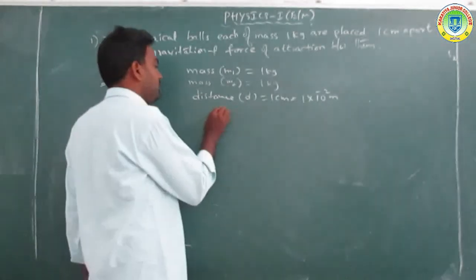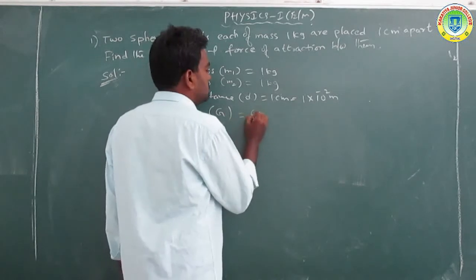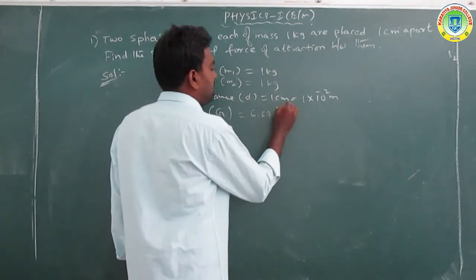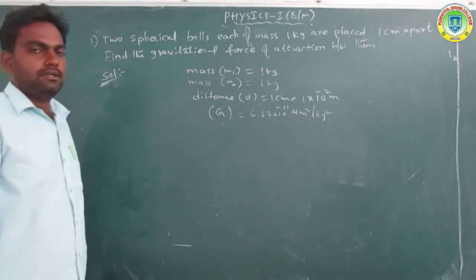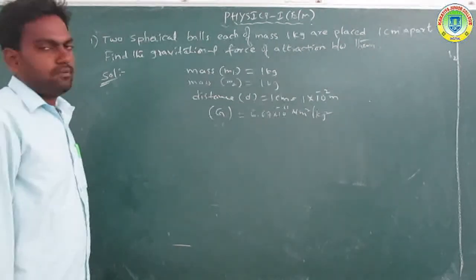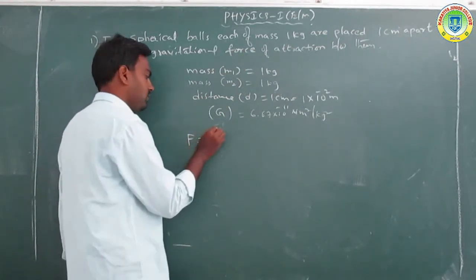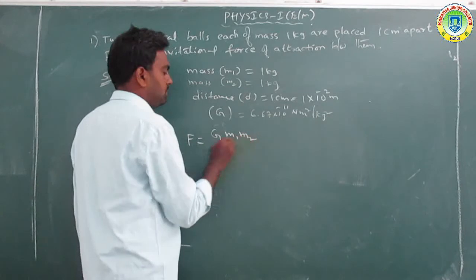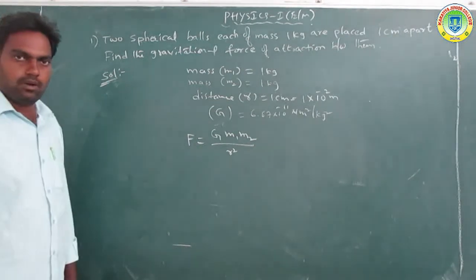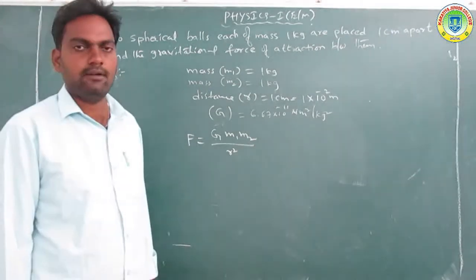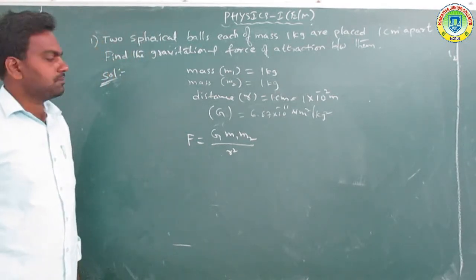Now the gravitational law of force. G is equal to 6.67 into 10 to the power of minus 11 newton meter square per kg square. For the attraction between the two balls, F is equal to G m1 m2 by r square.